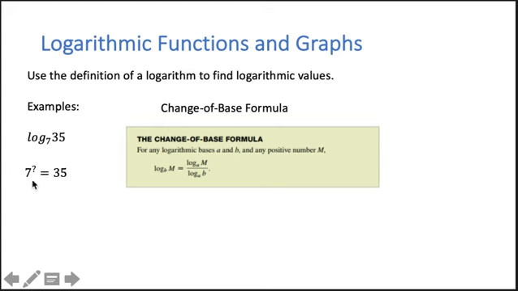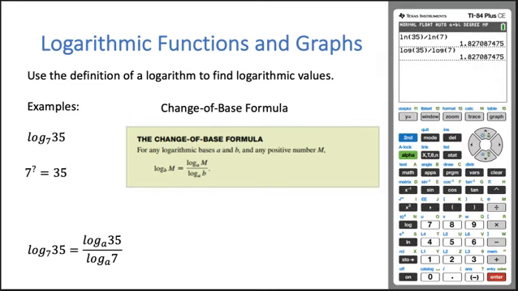So if we're going to do that with this problem right here, this log base 7 of 35, we're going to use the change of base formula. Then I'm going to write the log base a of 35 on top, and I'm going to write the log base a of 7 on the bottom. Now, I'm allowed to use whatever base I want. What base do you want to use? Personally, I want to use the ones that are on the calculator.